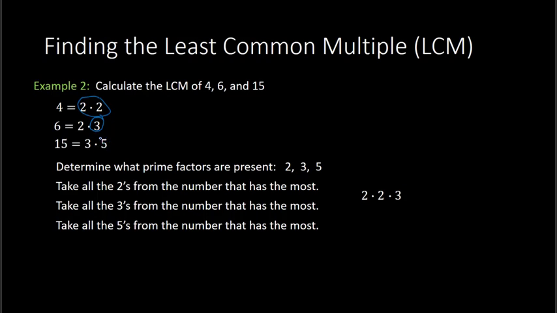So we take all the 5s, which is just the 1. So we have now 2 times 2 times 3 times the 5. Multiply those together, and my answer is going to be 60. And we can confirm that if we wanted to by listing all the multiples out of 4, 6, and 15, and would find that that is the smallest one that they have in common.